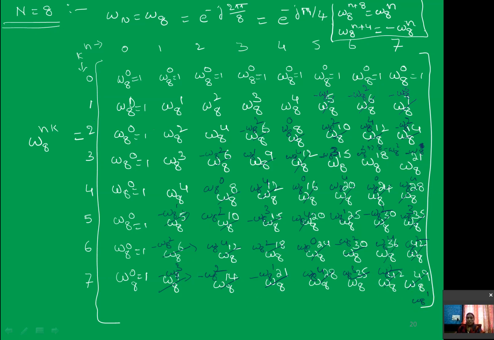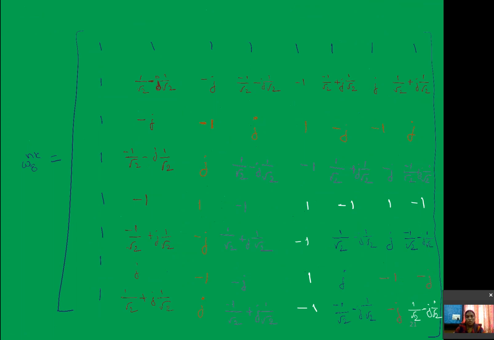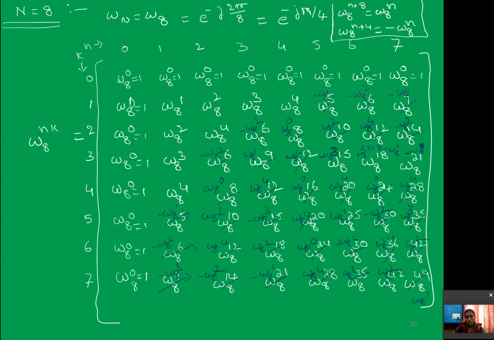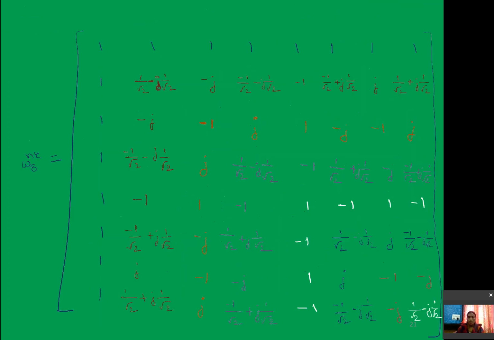So in such a way you just finish all the values and then write like this. So write all the elements. You know the values of 0, 1, 2, 3, 4. Now substitute all the values here and then you can get the 8 by 8 matrix or DFT kernel, that is the 8-point DFT kernel.